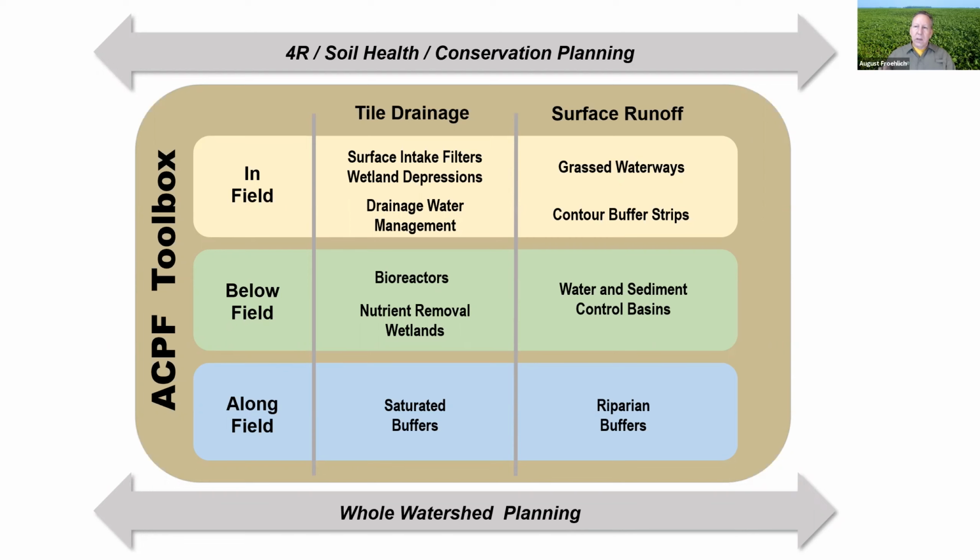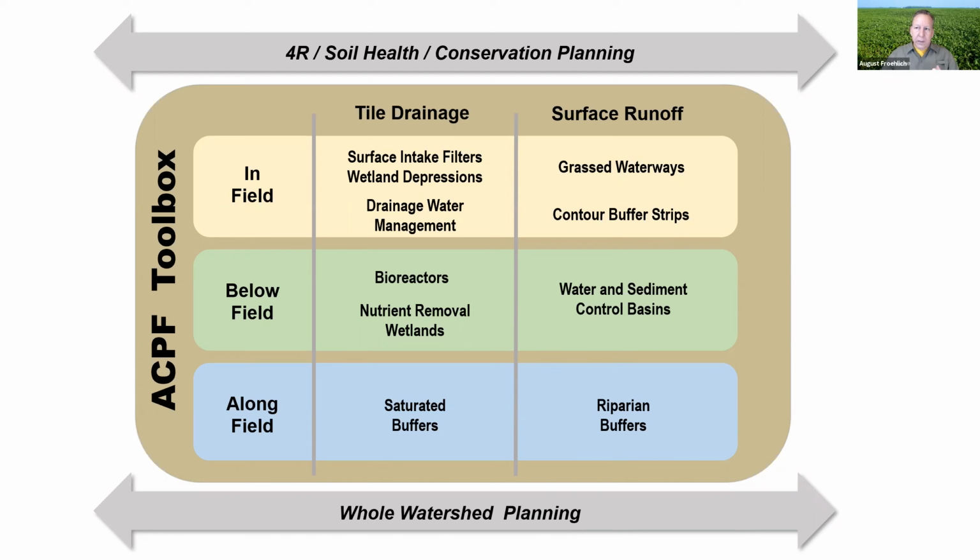The assumption is that the watershed team of local stakeholders, the soil and water conservation officers, local ag producers, and crop consultants would participate in a process that would look at things like 4R, soil health, and conservation planning on the farm at a field scale, and also in a process that would try to identify conservation objectives for the whole watershed.